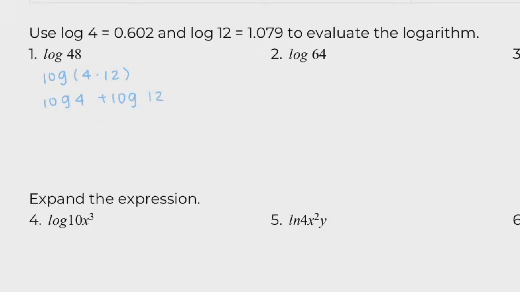And they tell us that log 4 is 0.602 and log 12 is 1.079. So when we add these, we will get 1.681. So that would be our final answer.